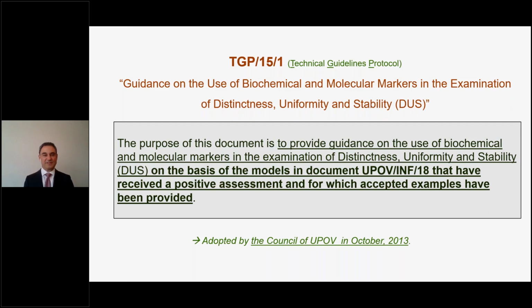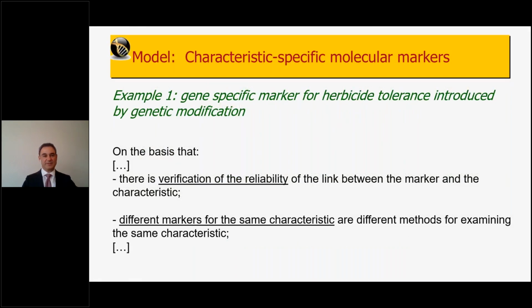For the remaining models with positive assessment and for which real examples were provided, document TGP 15 displays and explains these models. So coming from document INF 18, from all those possibilities, those models with positive assessment and with examples are compiled in document TGP 15.